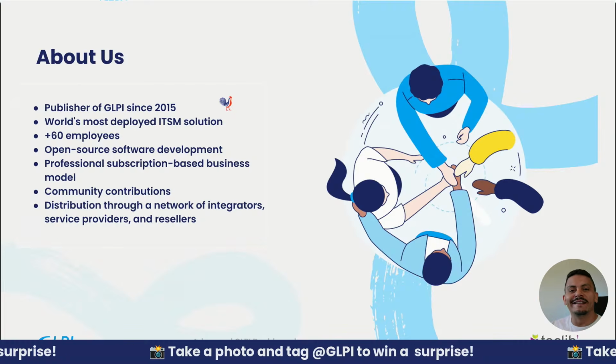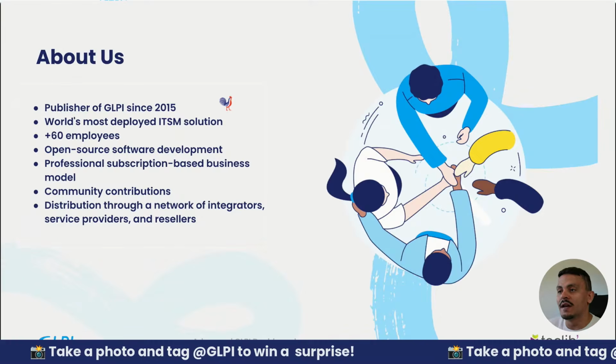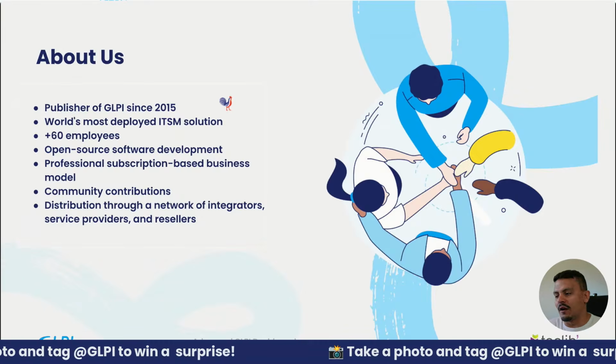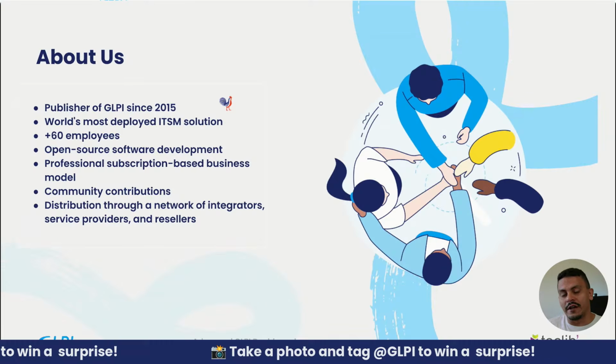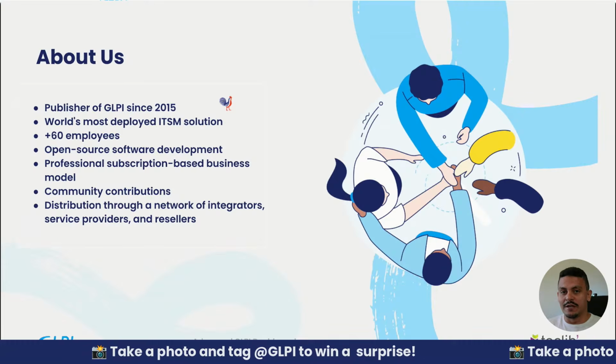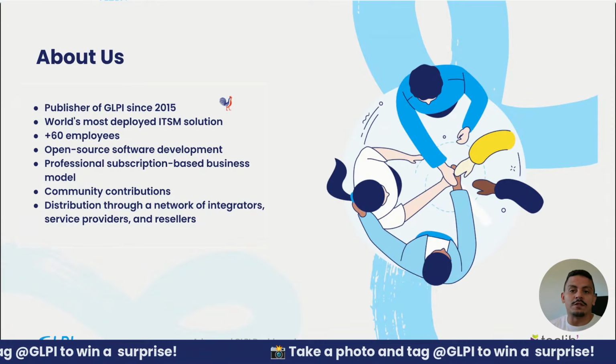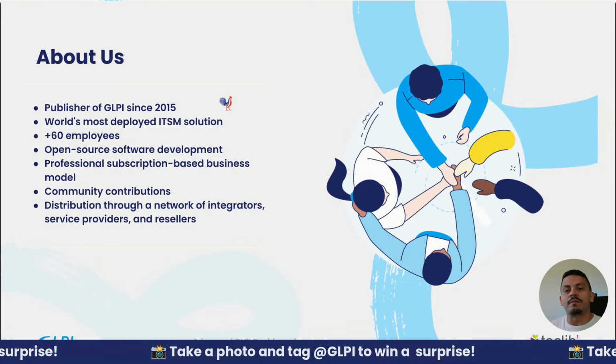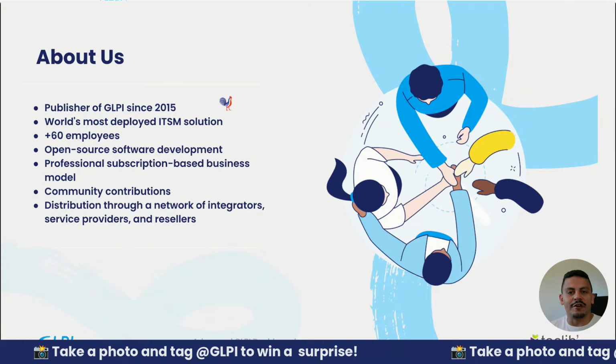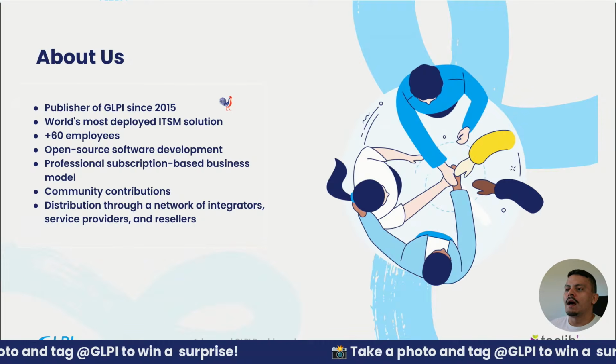That's why you are here, to learn about GLPI. We have more than 60 employees all around the world. We are not just in France. For example, I'm in Brazil. So we have people in Brazil, in Italy, in Spain, in Poland. So we have people almost in every continent of the world.